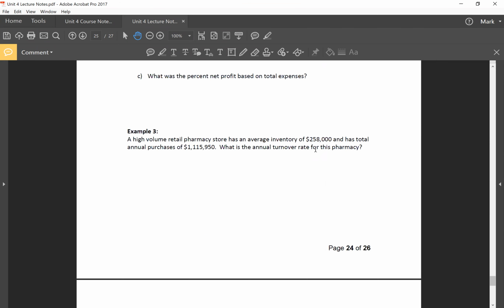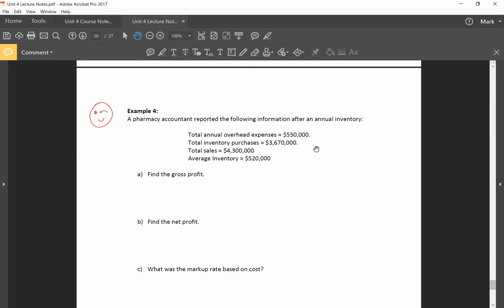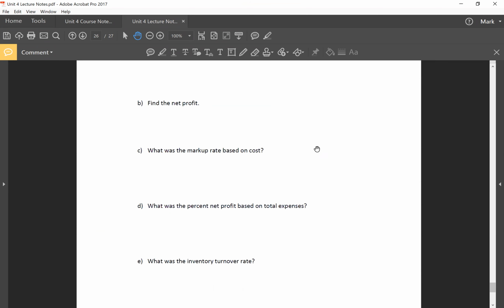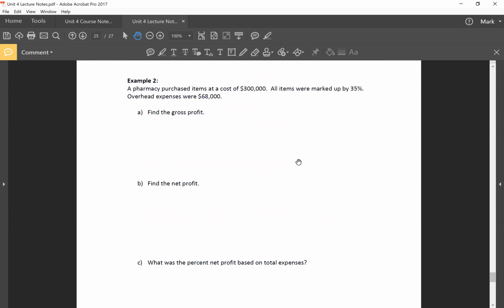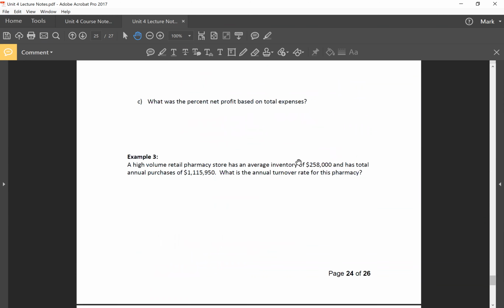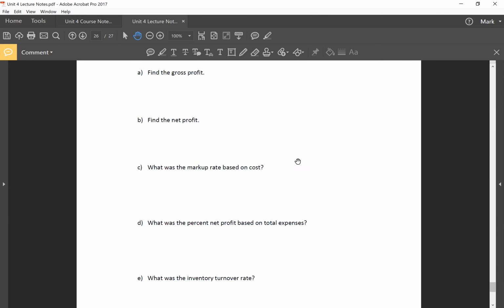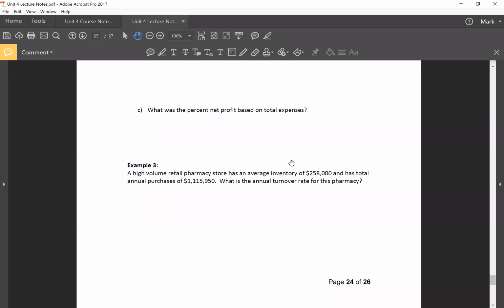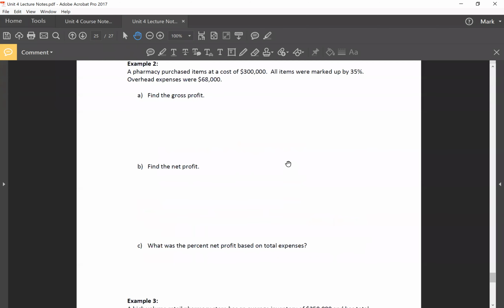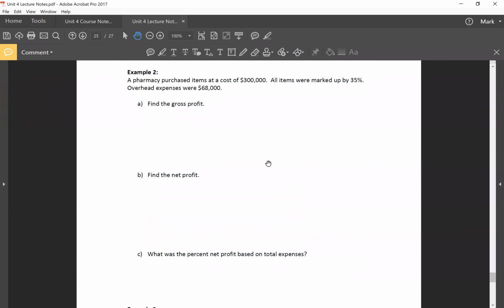I definitely will show you example number 3, and I'd like you guys to try number 4, and then we'll look at the answers because, wink, wink, wink, this is like a final exam question. So let me very quickly do 2 and 3. Then I'll get you guys to try number 4, and then we'll basically finish for today. I'll mention something for you guys to look at, and then that's it. We can do a full review tomorrow, no problem.